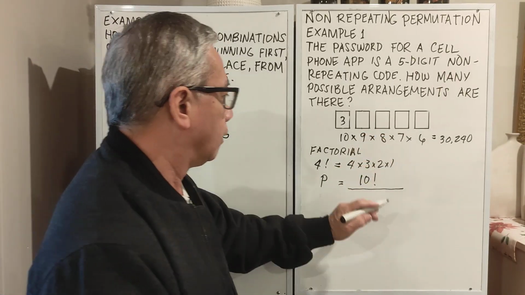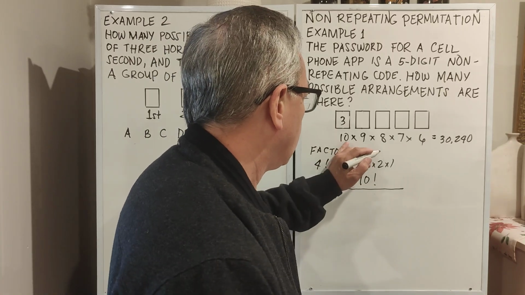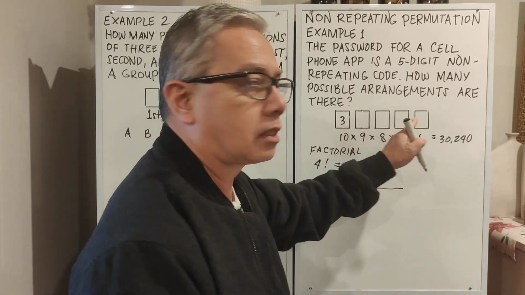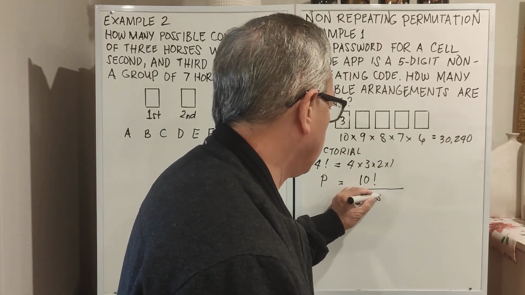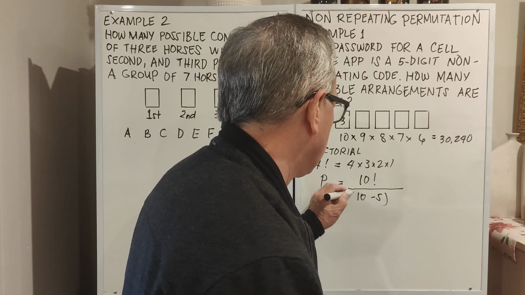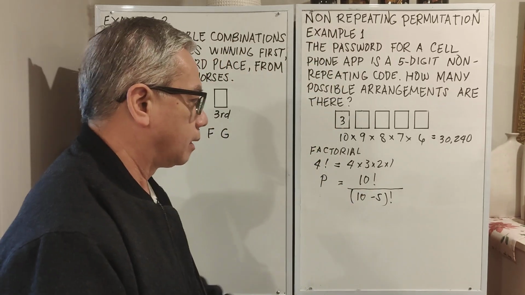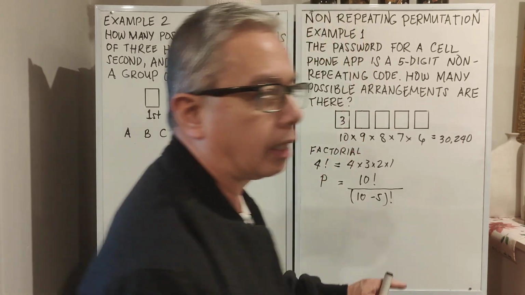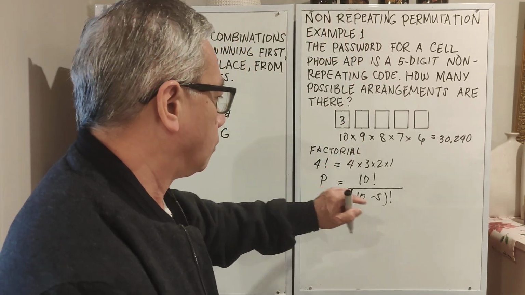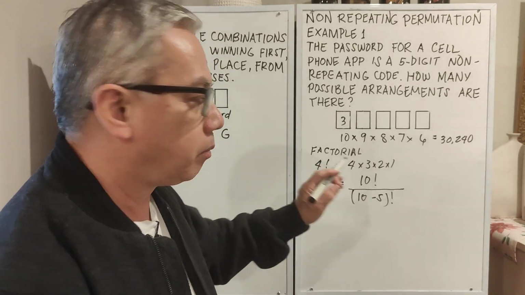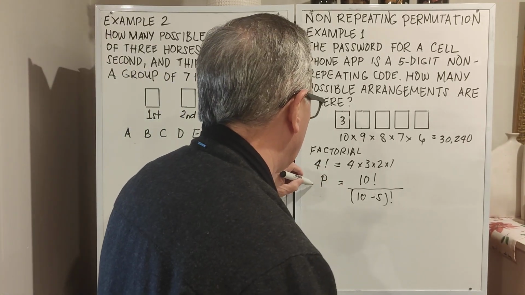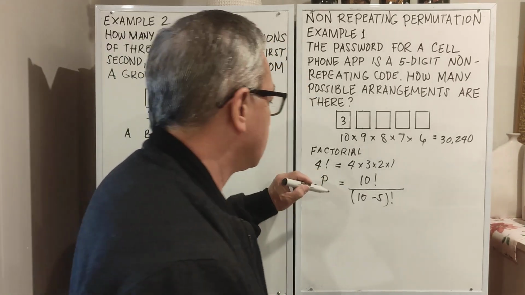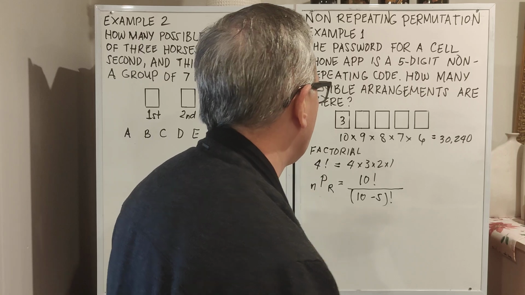So to get 5, it will be the number of choices, 10, minus the number of slots, 5, factorial. So this is now our formula. Now, to make it easier to remember, we put the number of choices on the left, n, and then the number of slots needed is called r.